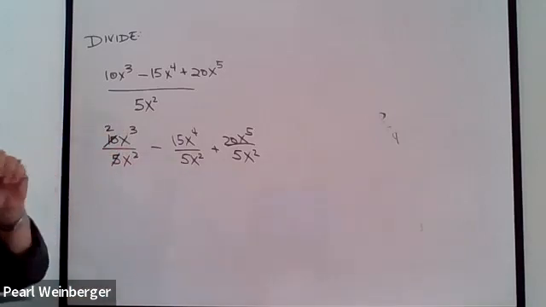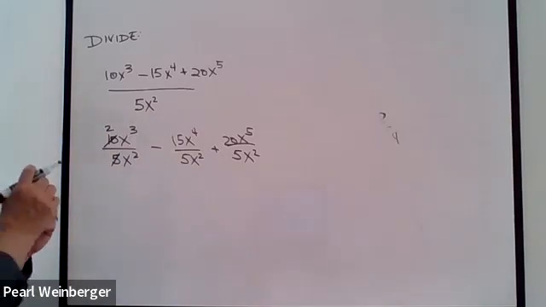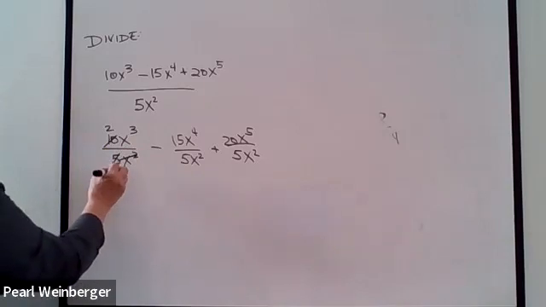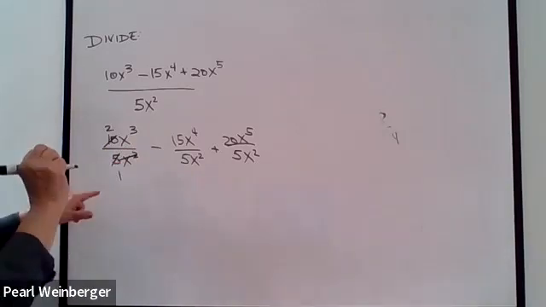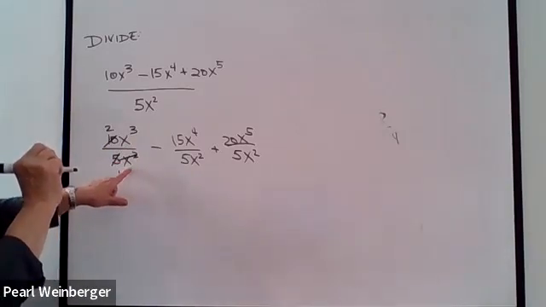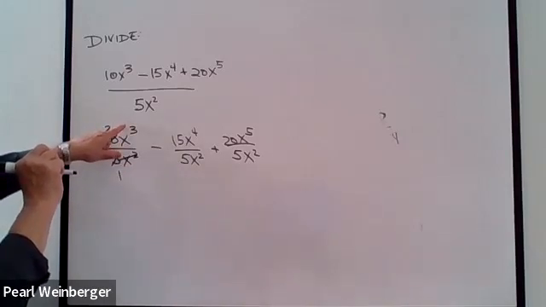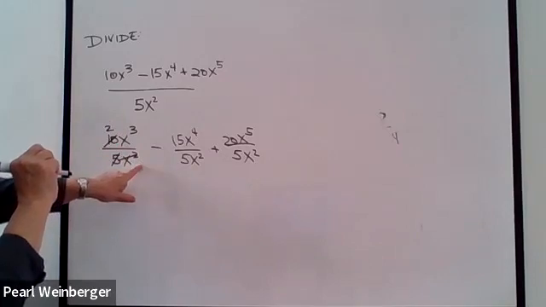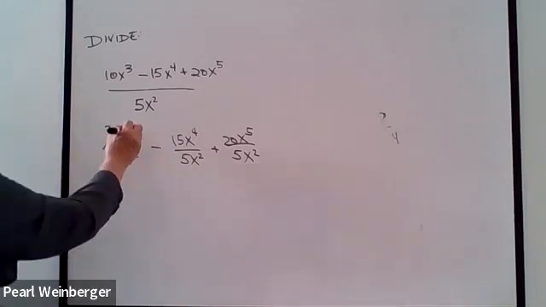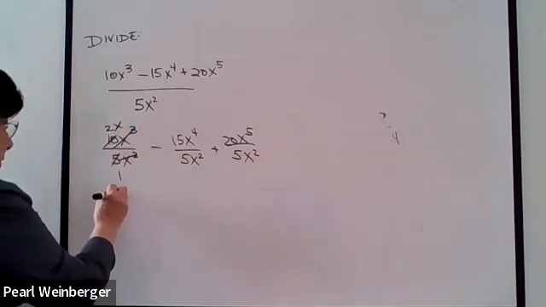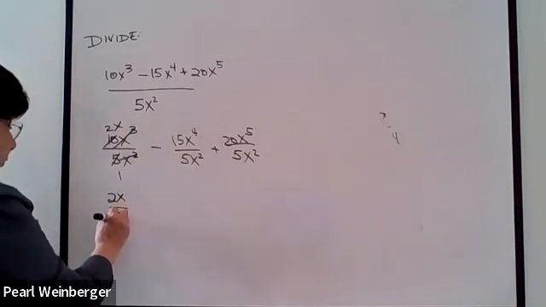Remember, when we're canceling out, it's the lower exponent, which is the x squared. Notice I now have to put a 1 there because I've gotten rid of everything in the denominator. And I do 3 minus 2 because when I'm dividing, I subtract the exponent. So that gives me 2x over 1 for our first term.